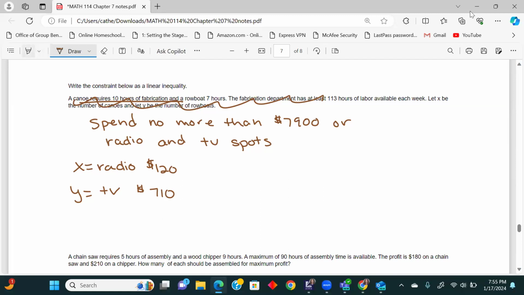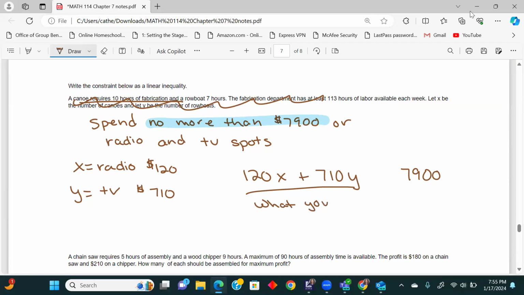They can spend no more than $7,900. All right, so we do 120 times the number of radio ads plus 710 times the number of TV ads or spots. And what is that relationship to $7,900? What you spend has to be no more than $7,900.